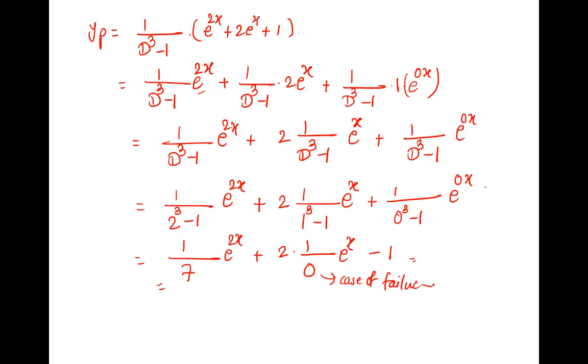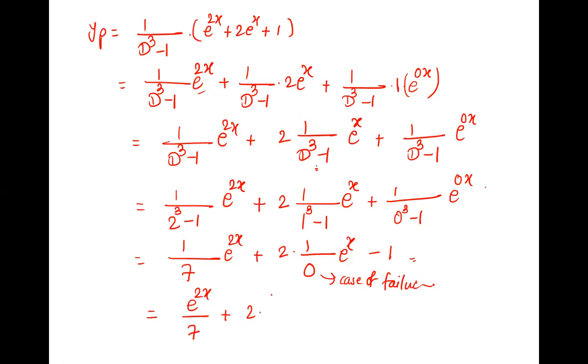As this is the case of failure, we go back here. What do we do? Multiply by x, and take the derivative of the denominator. So it is e raised to 2x by 7 plus that 2 as it is.